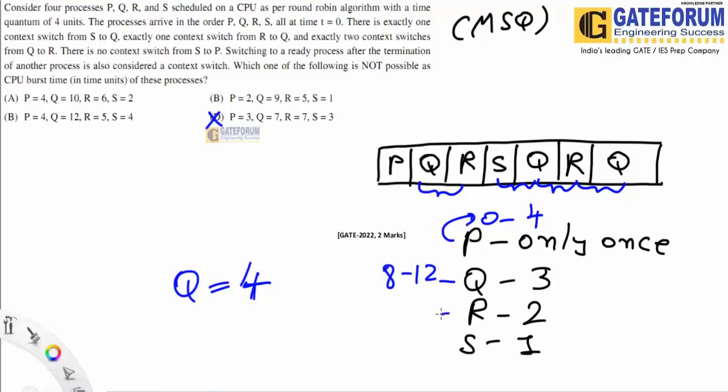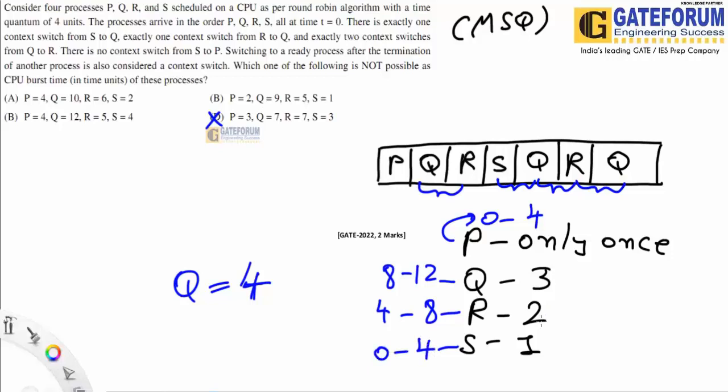R is 2. So first time whenever you execute it, you execute 4 units. Next time it would be anywhere between 4 to 8. So let's understand: R is 6, R is 5, R is 5. It's working fine. Here also R is 7, but for Q we cannot. So for PQR we are getting this. And S is also executed once, so from 0 to 4 is allowed.